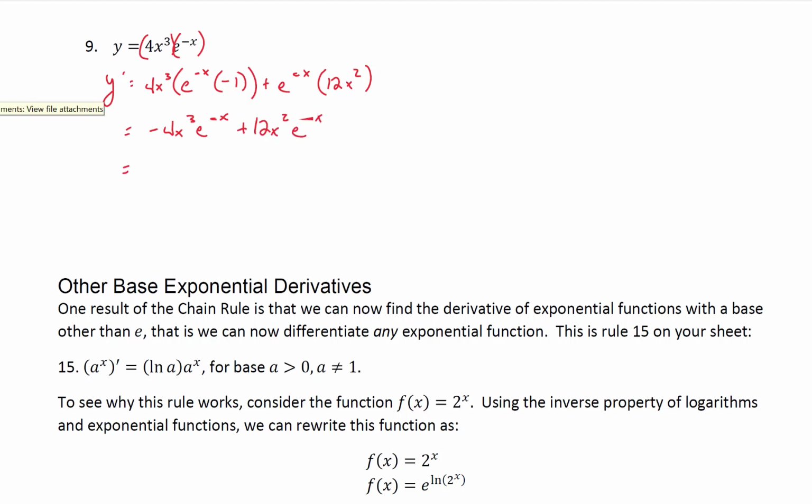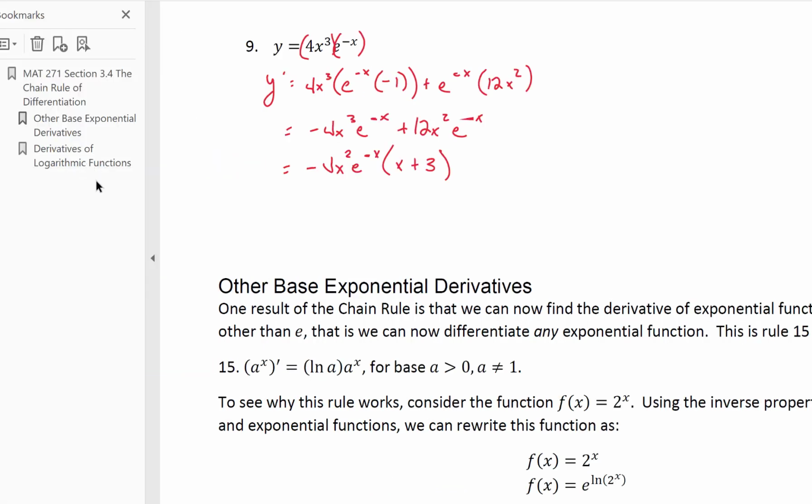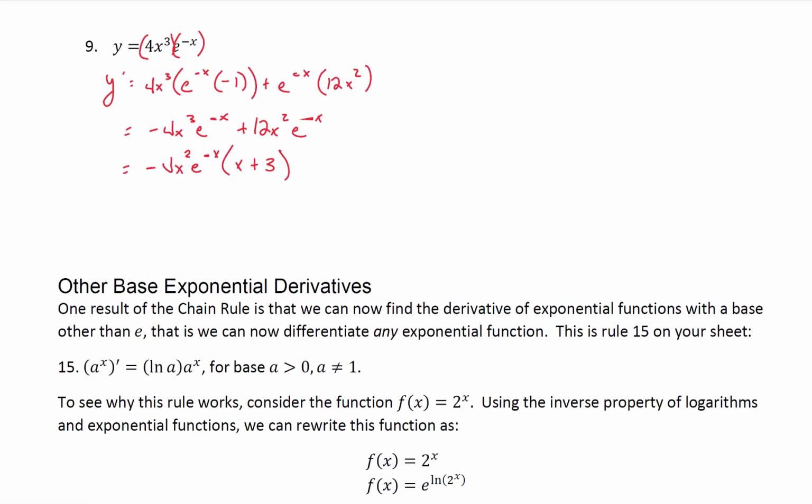We can factor out a common negative 4x squared e to the negative x, which leaves us with just an x in the first term. So x minus 3. So that is y prime in this case.